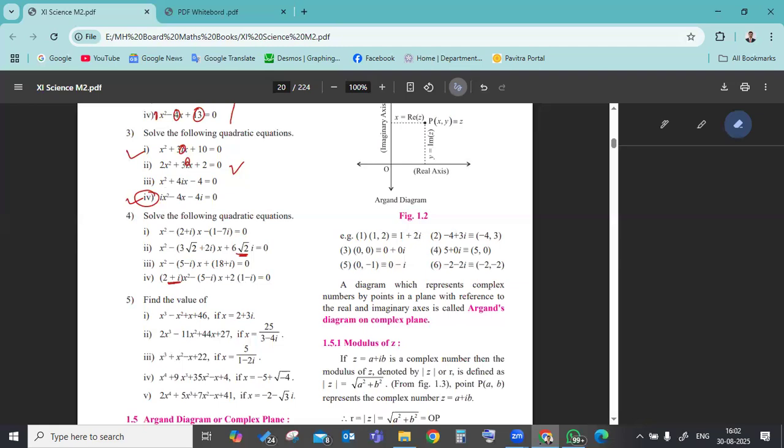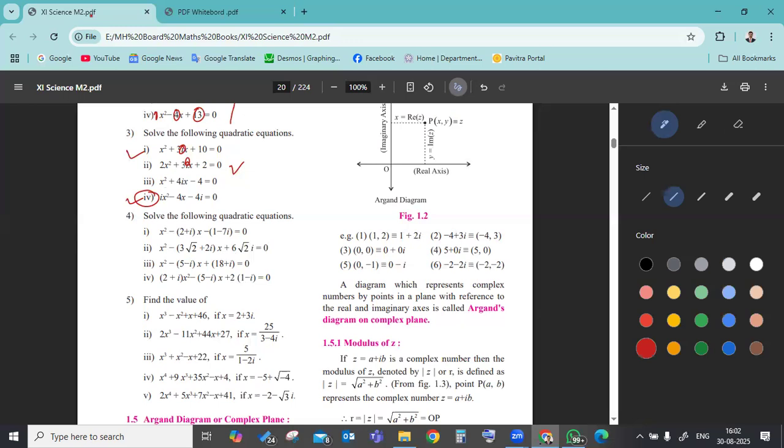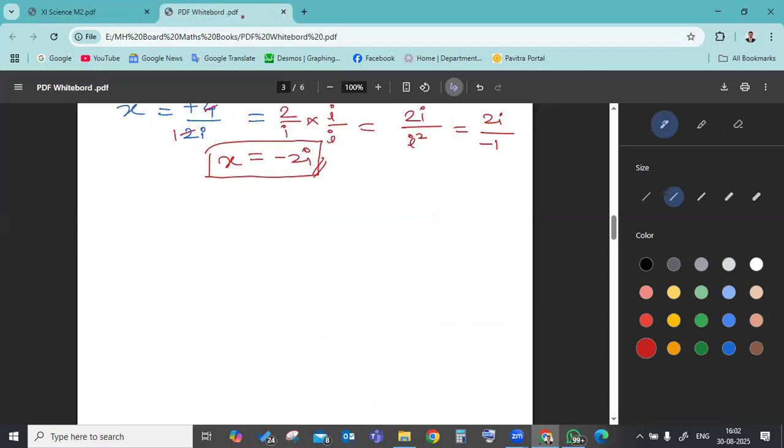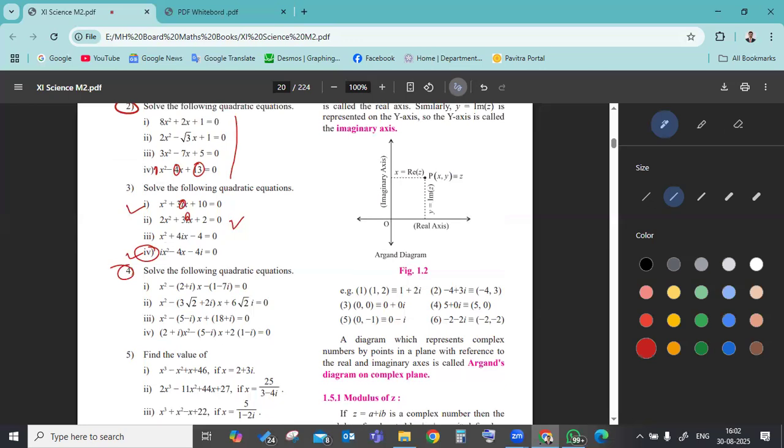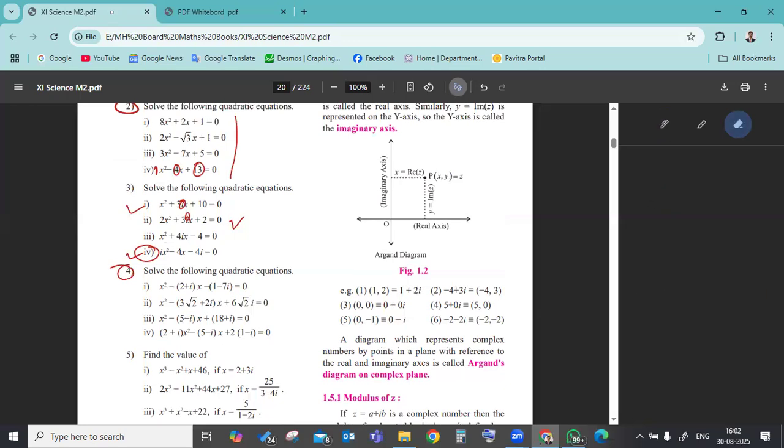So let's solve an example from this question. Shall we proceed with this fourth question? Question number 4, or do I need to solve an example from question number 3?